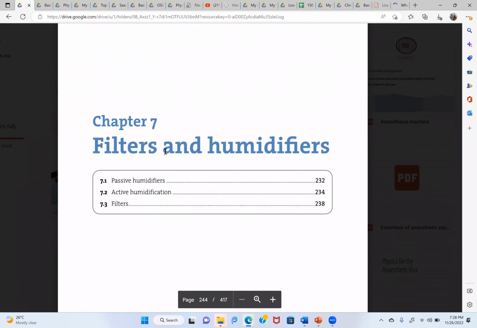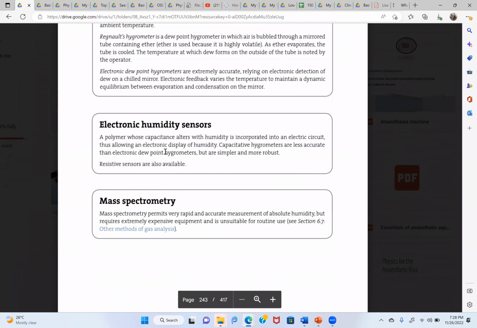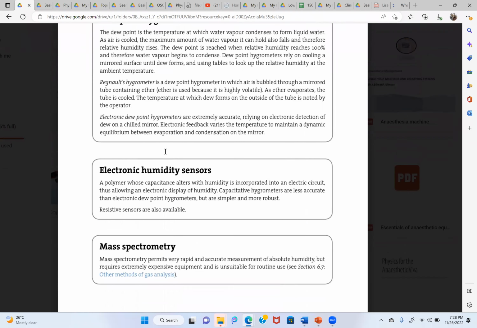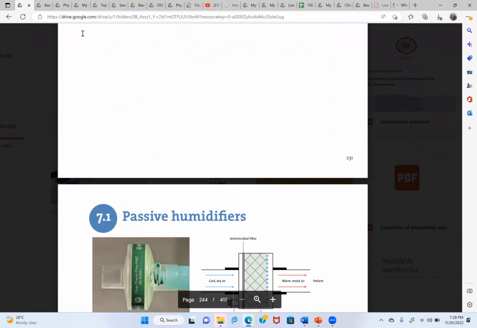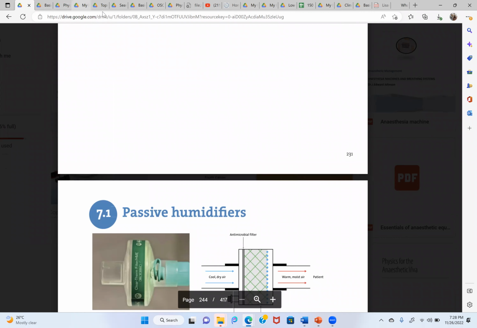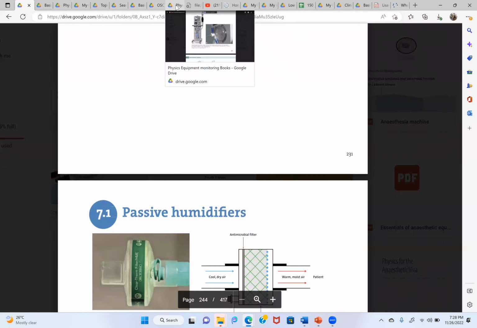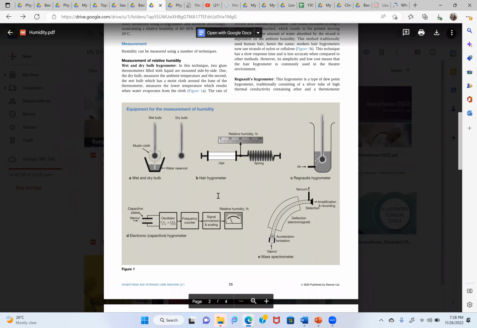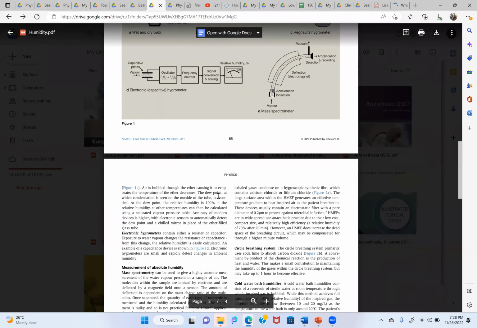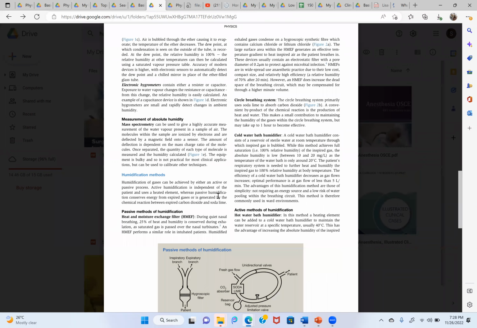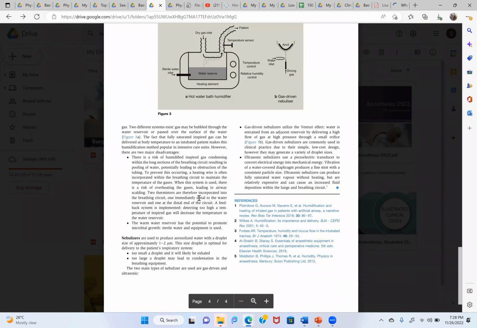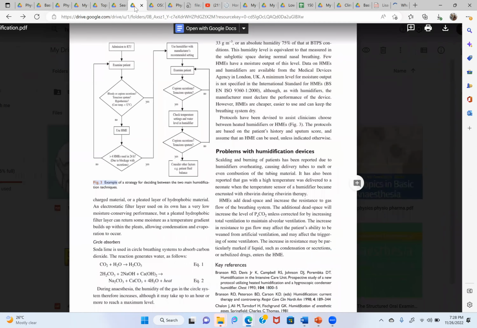This is the equipment book, because this topic, I think it is better to read from the equipment book. But all these sources are there. There are around 2 to 3 articles on humidity. I will share these articles with you, and you can have the detail. But I have just given you a baseline concept about this topic.